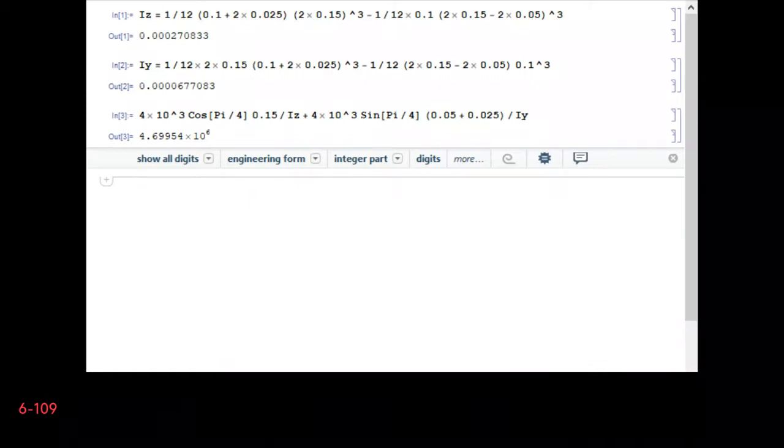As a result, we find the maximum stress as 4.7 megapascals.